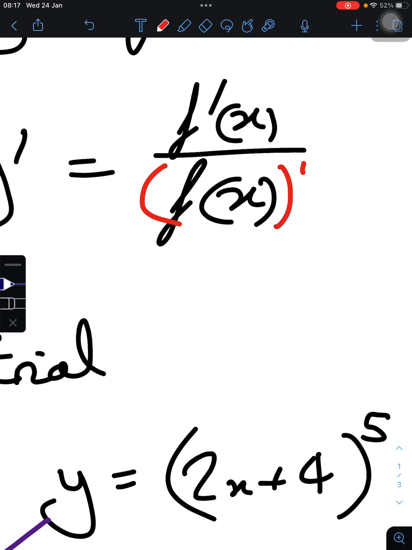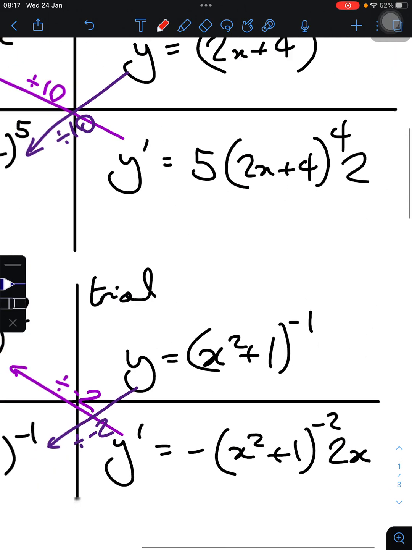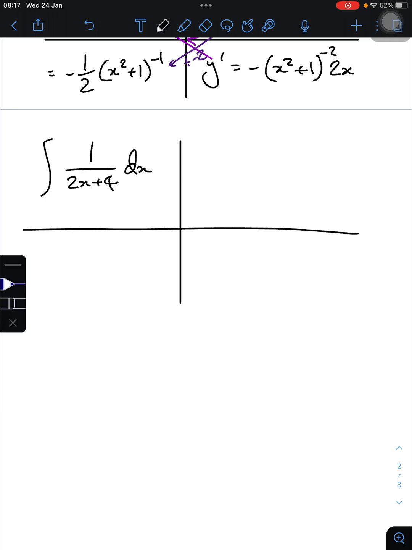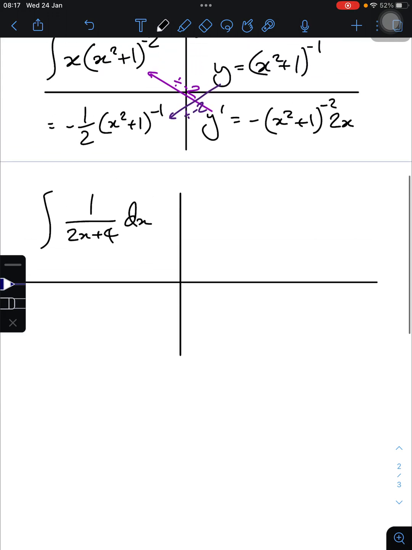If it's something on the bottom bracket that's to the power of 1, assume you're doing something with ln of x, or with no power at all. So, in this case, let's draw our grid down again, and let's do another one. Our trial would be ln of 2x plus 4.